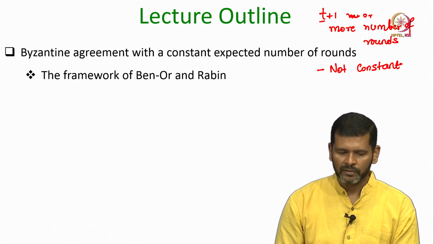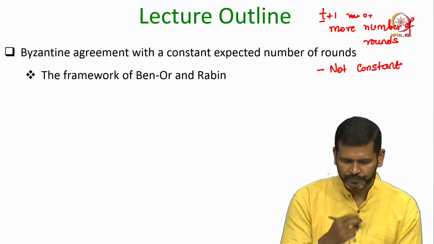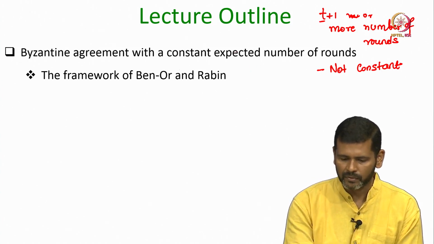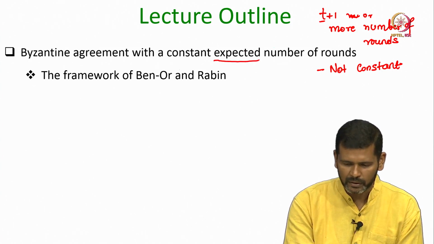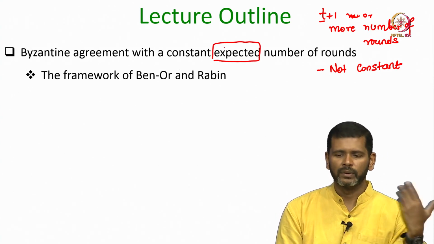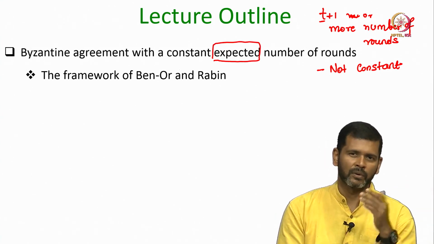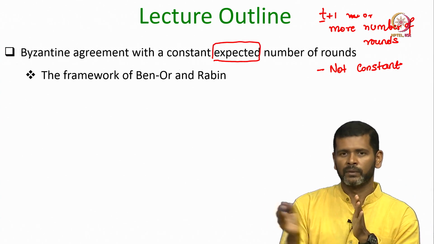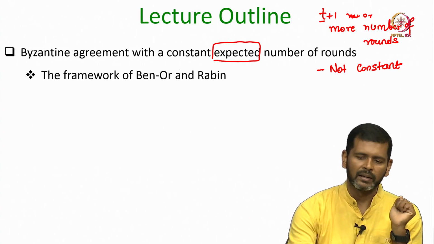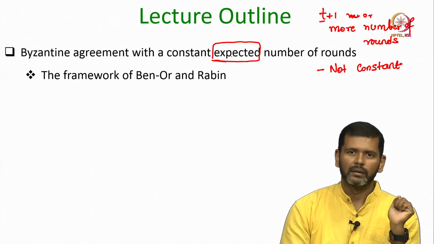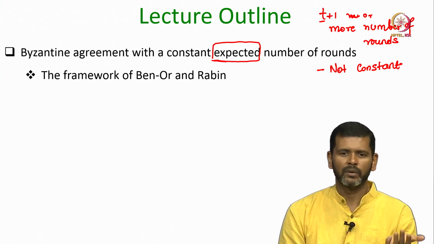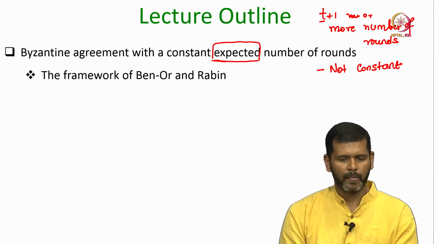What we will now discuss is a framework which allows us to design a protocol with constant number of rounds, but in expectation. It could be possible that the actual number of rounds required in the protocol is not a constant, and in the worst case the protocol may never terminate as well, but the probability of that will be very less, and it will be guaranteed that in an expected constant number of rounds the protocol produces an output.